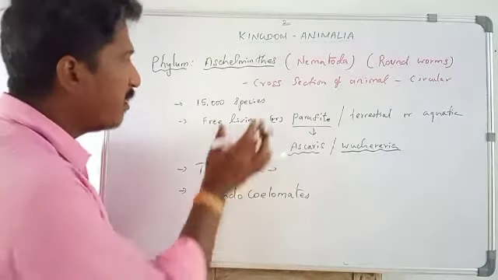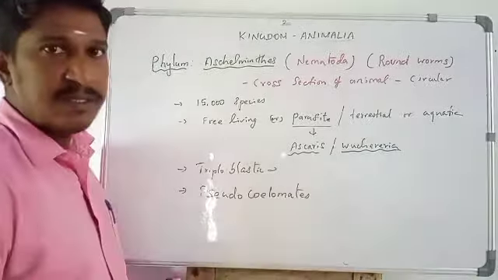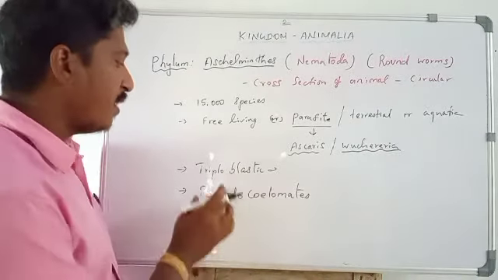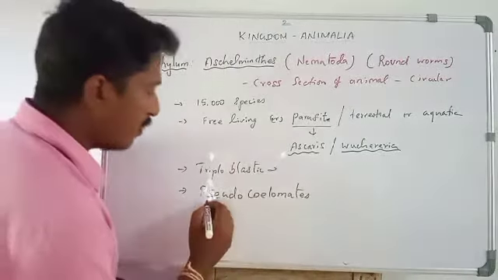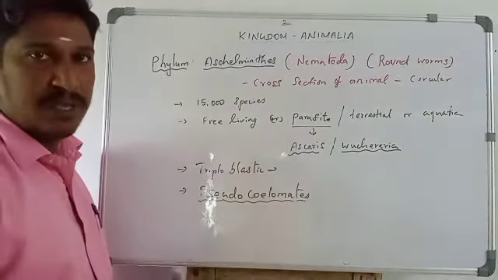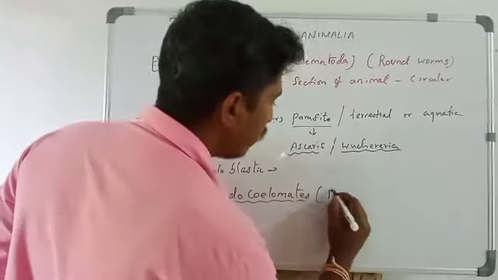But in these animals they have some pouches, not completely lined with mesoderm, so they are called pseudocoelomates, also called false coelom.